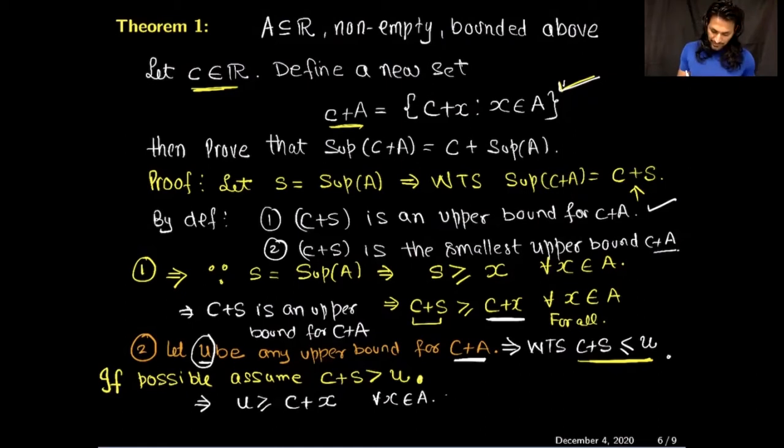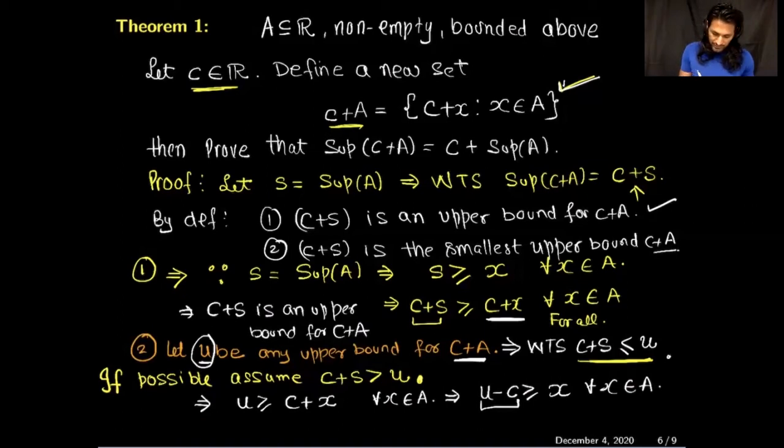This implies that U minus C, if I move the C to this side, is greater than or equal to X for all members of A, where X is a member of A. So U minus C is an upper bound, greater than or equal to every member of this set.